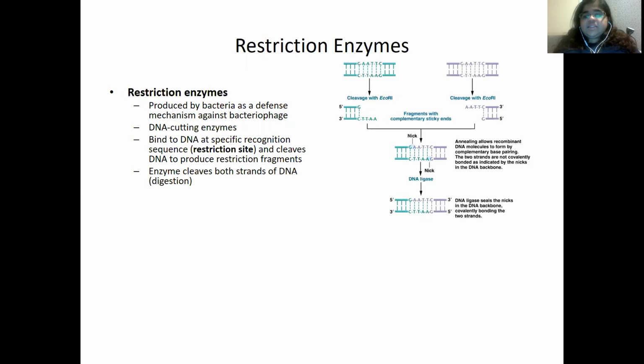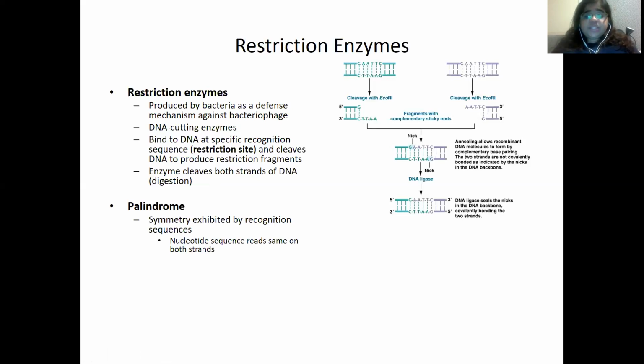Like the name suggests, a restriction enzyme specifically binds to a recognition sequence, called the restriction site, and cleaves it to produce restriction fragments. This enzyme can cleave both strands of DNA when it's digesting it.